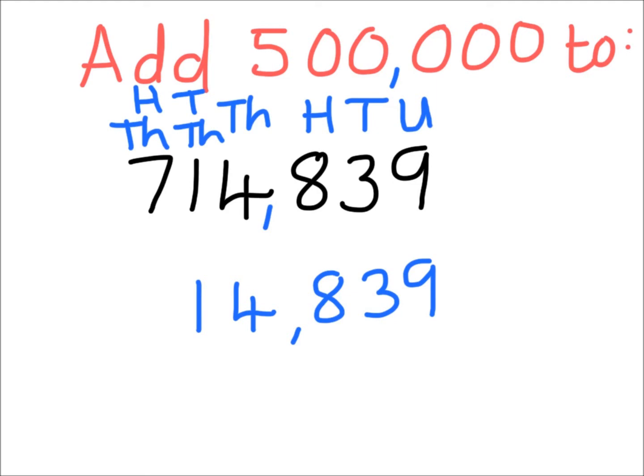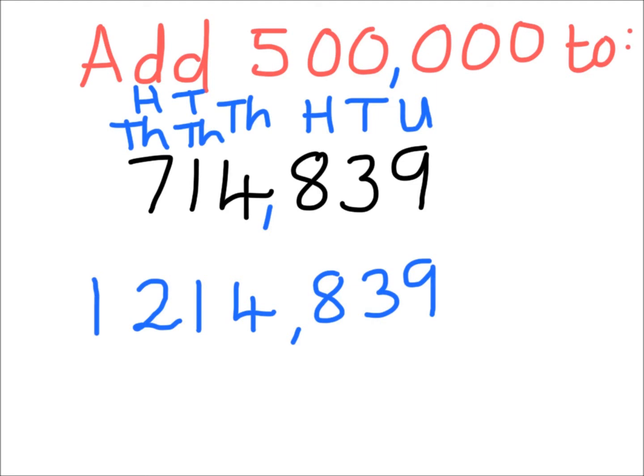So we can't place the 12 in one column. We therefore have to place the 2 in the hundreds of thousands, and we carry forward that extra 10 into a new place value column. It goes into the next column.